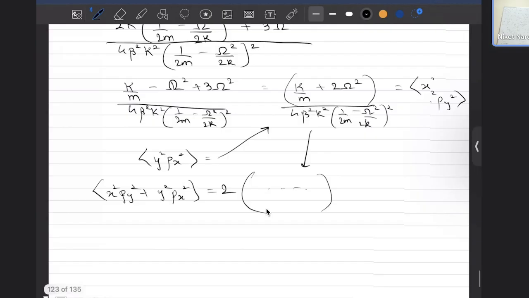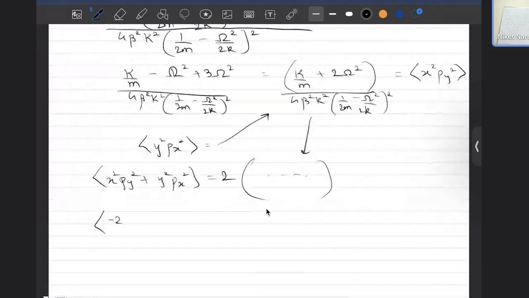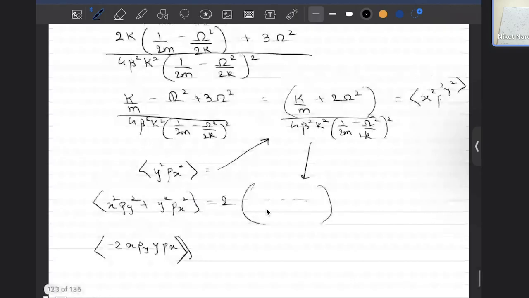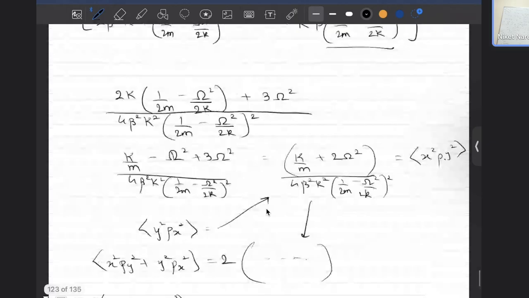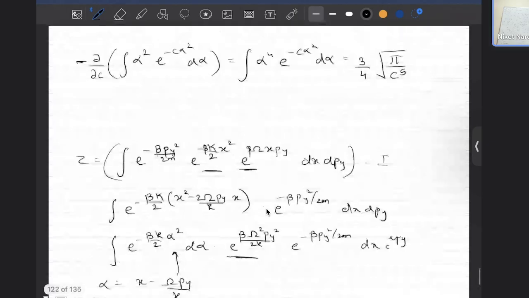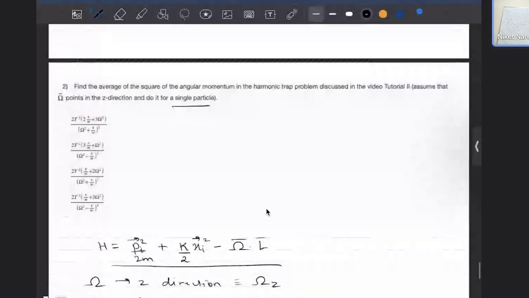What about you also have terms like minus 2 x py into y px. You also have this, right? But that's what we saw that, okay, no, it's not that simple. Wait, what is the kind of answer that we have here?